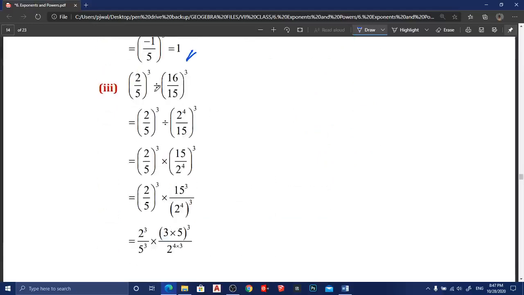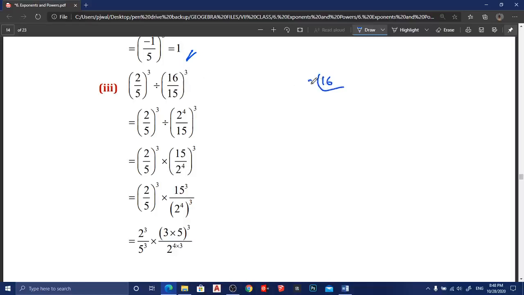(2 by 5) whole cube divided by (16 by 15) whole cube. Observe here, this is 2 by 5, it is 16 by 15, 16 by 15 whole cube. You can write this 16 and 15 as the powers of some numbers, okay, by taking the prime factorization of 16 and 15.